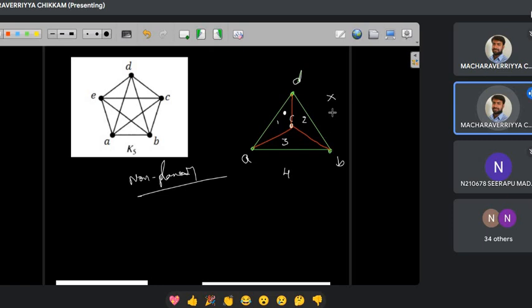Suppose you take it in region 4, we can't establish a connection between C and E without any intersections. Similarly, you write the illustration for regions 1, 2, 3. So therefore it is very clear that this K5 is a non-planar graph.